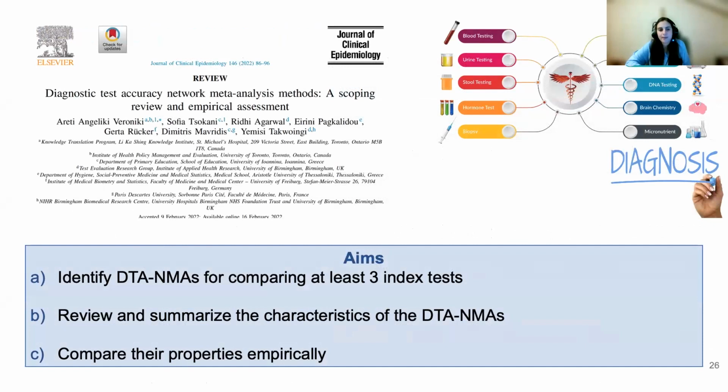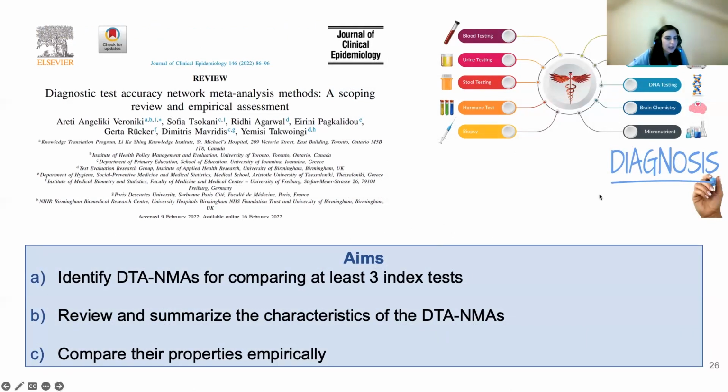Okay, so there are less established methods for performing a network meta-analysis of diagnostic tests. So to this end, our aim was to identify the network meta-analyses of DTA studies that compare at least 3 index tests, to review and summarize the characteristics of the models that had been used and compare their properties empirically.